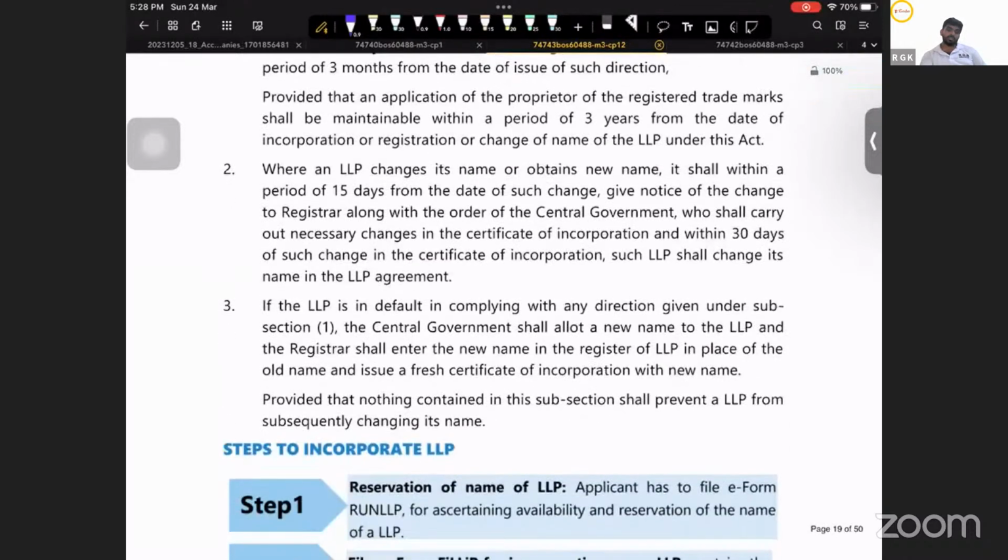If the LLP is in default in complying with any direction given under subsection 1, the central government shall allot a new name to the LLP and the registrar shall enter the new name in the register of LLPs in the place of the old name and issue a fresh certificate of incorporation with the new name, provided that nothing contained in this subsection shall prevent the LLP from subsequently changing its name.